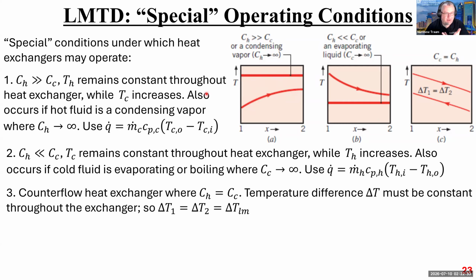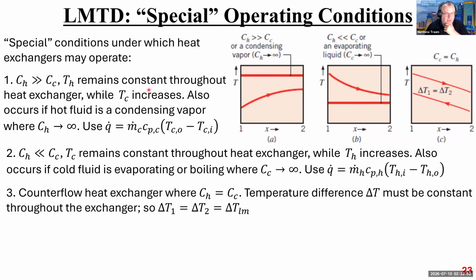The place where it happens most obviously is if you have a fluid that is condensing from a vapor to a liquid, changing phase. If it's changing phase, it stays at constant temperature, and its ability to absorb thermal energy is basically infinite, right?